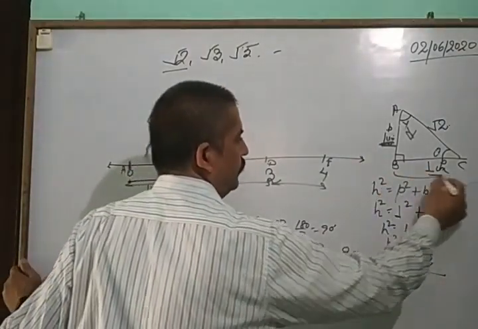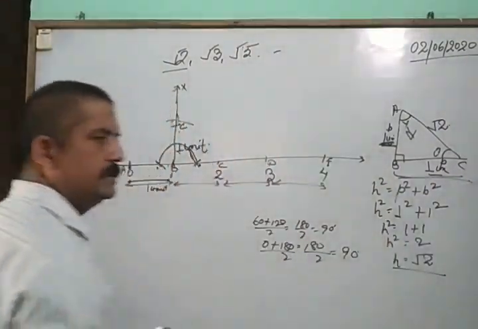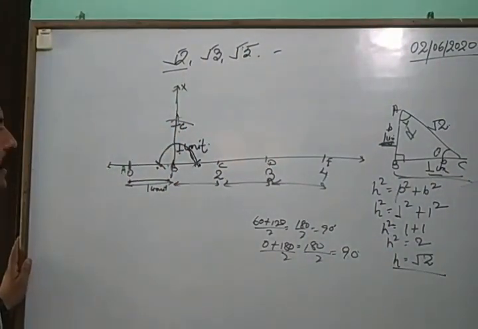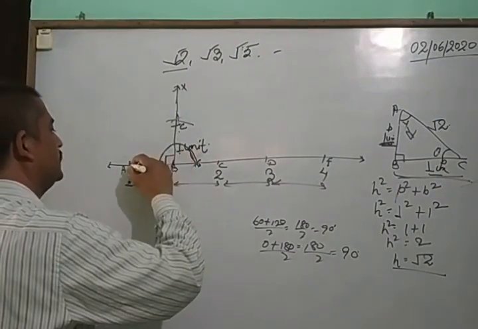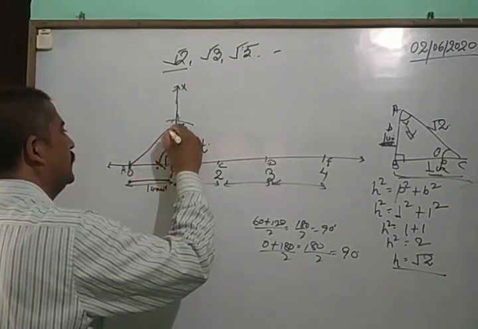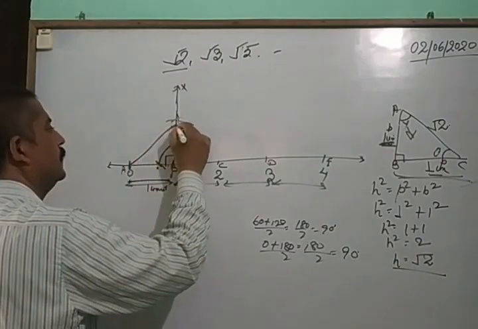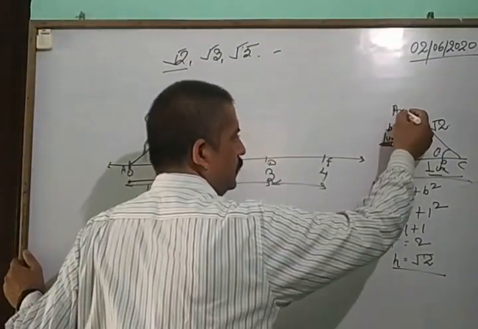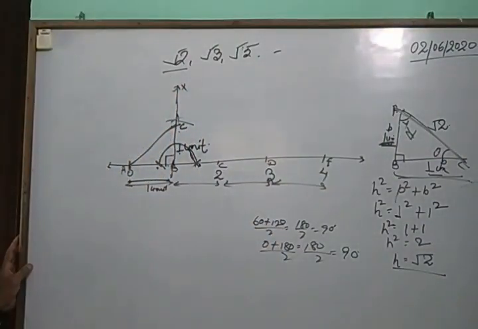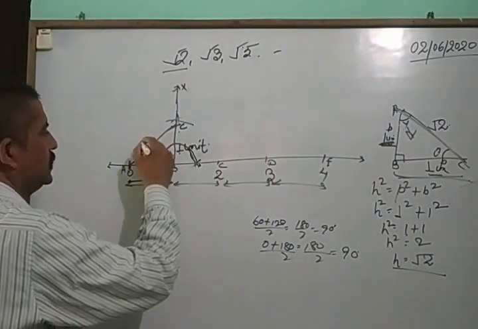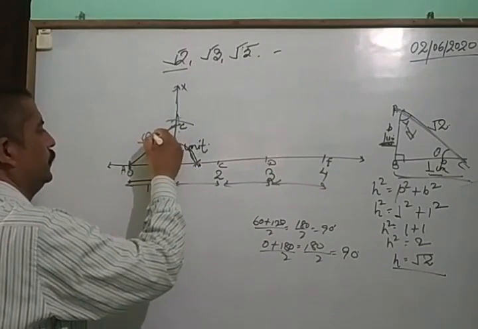The condition is exactly the same as the right angle. Now we join A to C. That is called the hypotenuse, and its value is root 2.